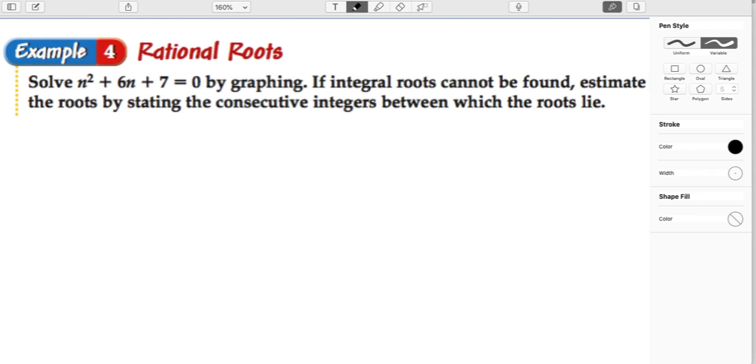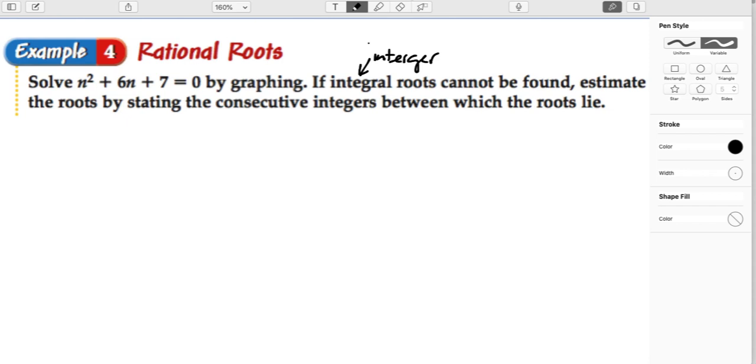They are real numbers, but they just aren't necessarily easy for us to tell where they land. So here it says we're going to solve this by graphing, and if integral roots, that means roots that are integers, the ones that we like, cannot be found, we're going to estimate the roots by stating the consecutive integers between which the roots lie.